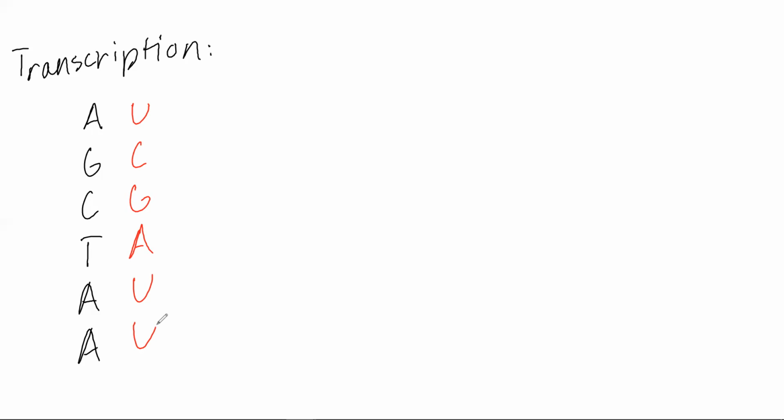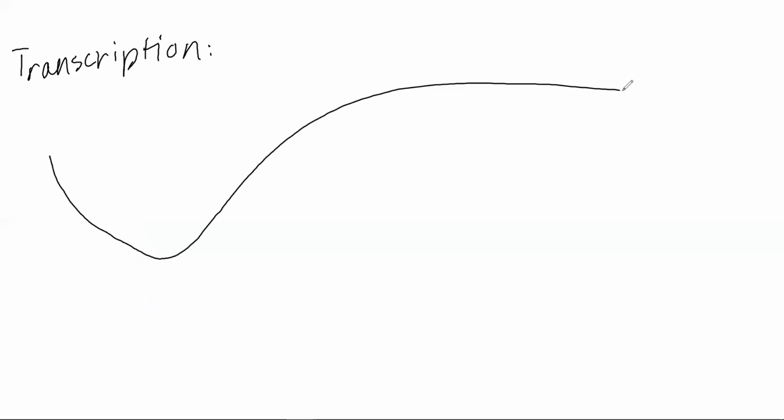So when we're transcribing DNA, we need to separate our DNA back into two separate strands, right? Let me erase all this example stuff. Separating our DNA into two separate strands, we have it looking once again like that.